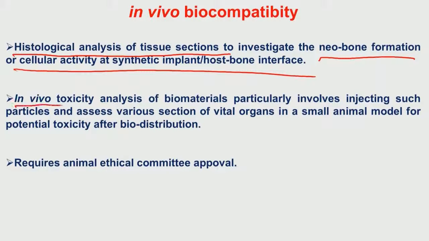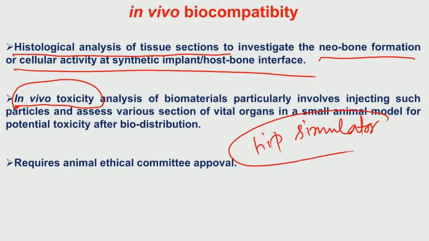Now, this point I have mentioned very briefly in an earlier slide, that is in vivo toxicity analysis. In vivo toxicity analysis means the hip simulator testing I mentioned just a few minutes ago. I will discuss it in a little bit more detail later. Now, hip simulator testing always generates some fine wear debris particles.